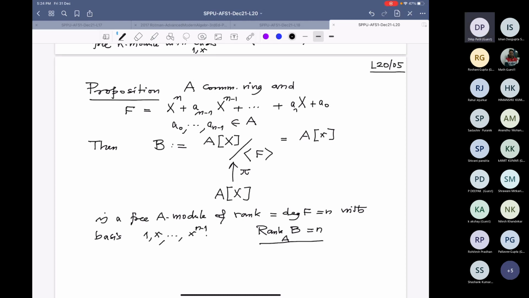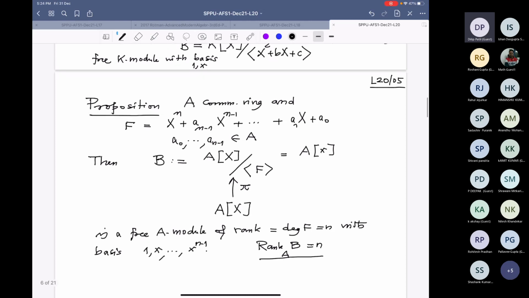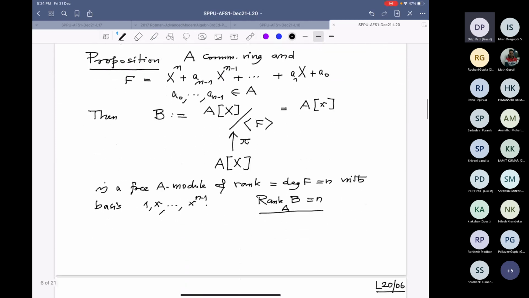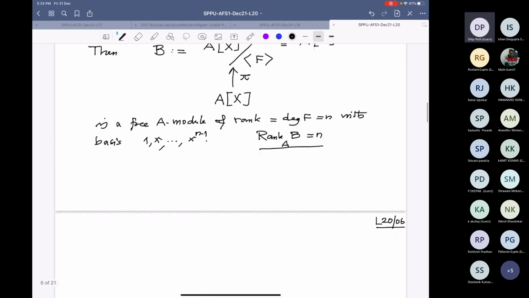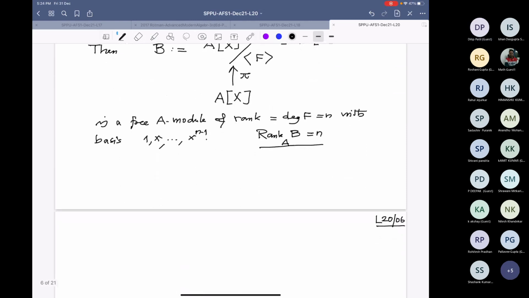And the uniqueness of the division algorithm will tell you this is in fact a basis. So this is the generalization of this. And as you see, when we want to study polynomials, the zeros, etc., this construction is very, very important. This is the first elementary construction, I would say.